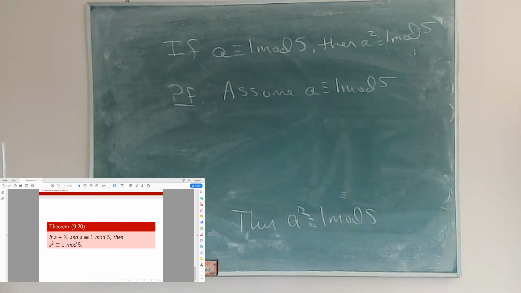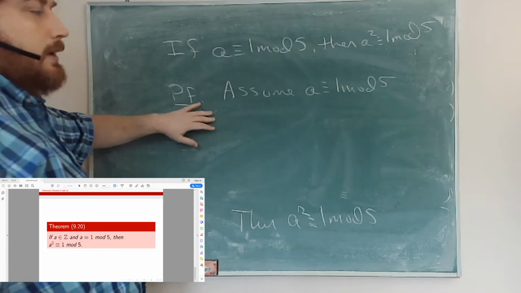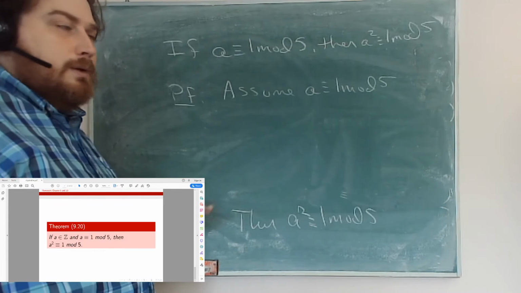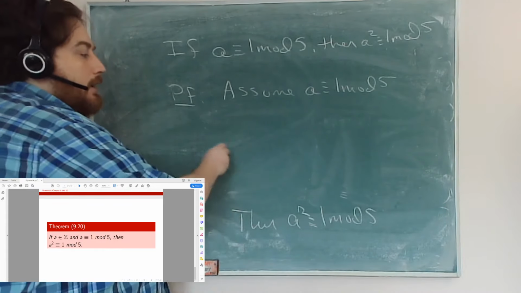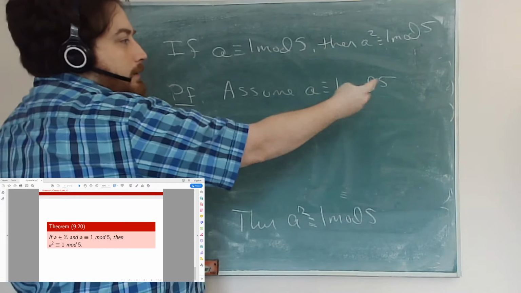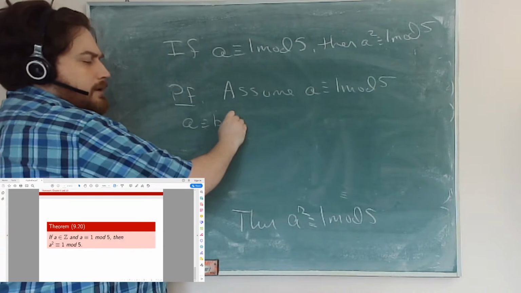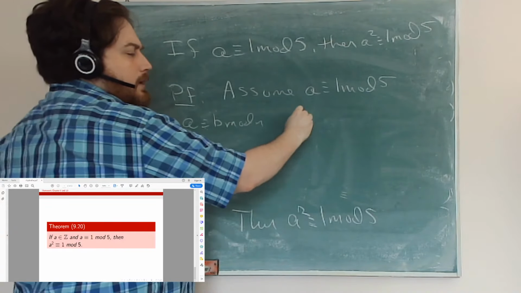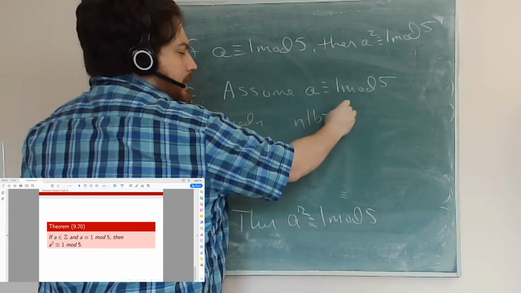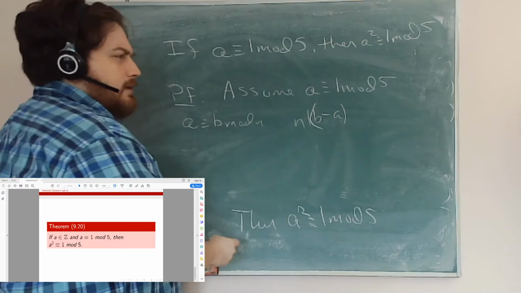All right, now what we have to remember is something from our last lecture when we were talking about modular arithmetic. There's a couple things that we proved. One was that a is congruent to b mod n if and only if n divides b minus a.